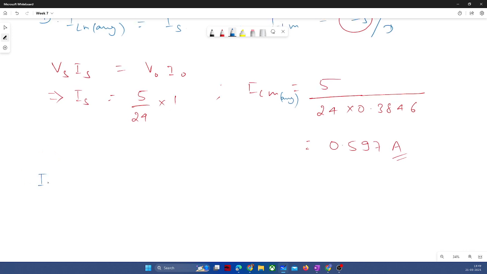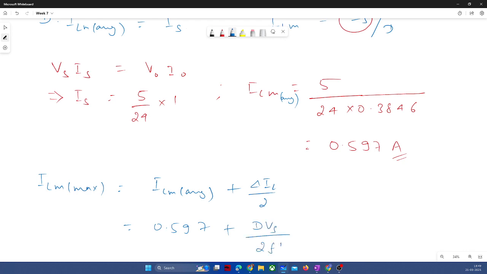The second thing is ILM max. Since we computed ILM average, we'll have to add del IL by 2 here, and del IL is nothing but D Vs by FL. I think everything is given. 0.597 plus D Vs by 2 FL.